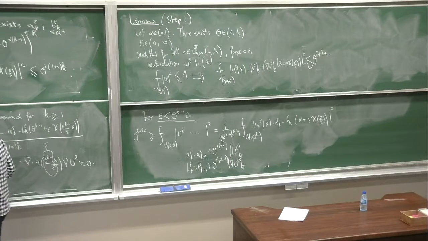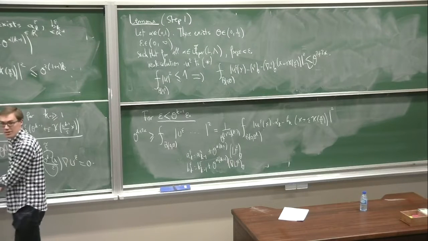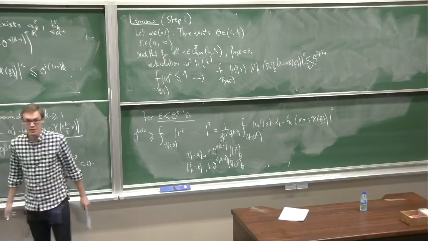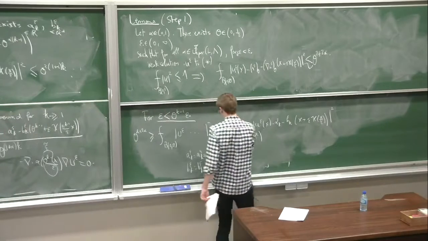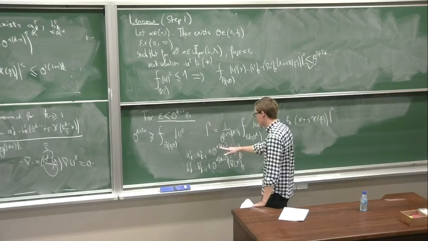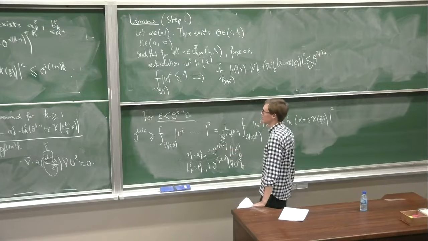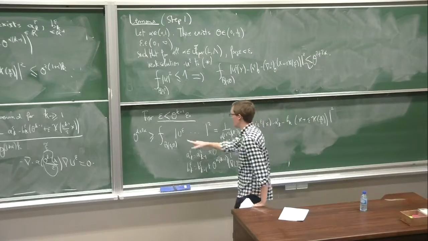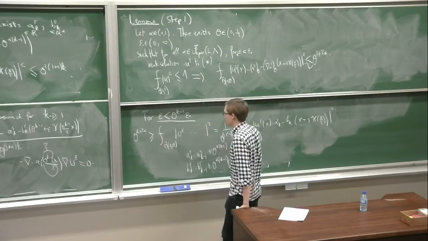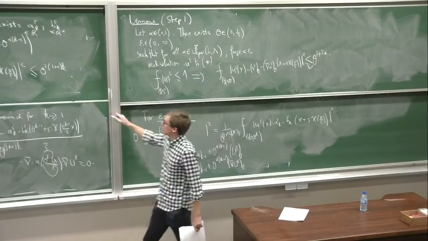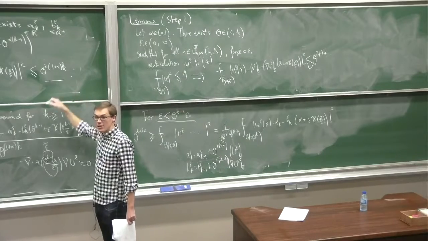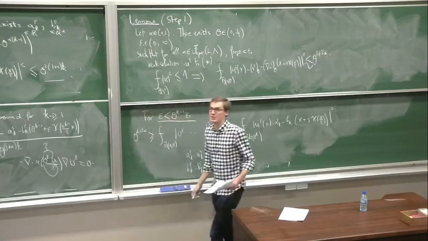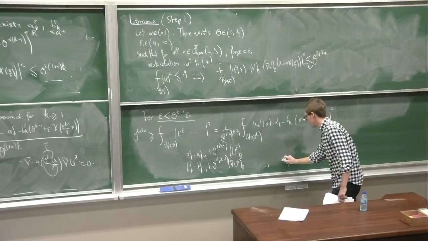You can do exactly the same computation here as you did for U epsilon. So in the end, you get the bound for A epsilon k and B epsilon k. If you put this on the left-hand side, this will give you the rate of decay, which is here. So this is the conclusion of the iteration step.